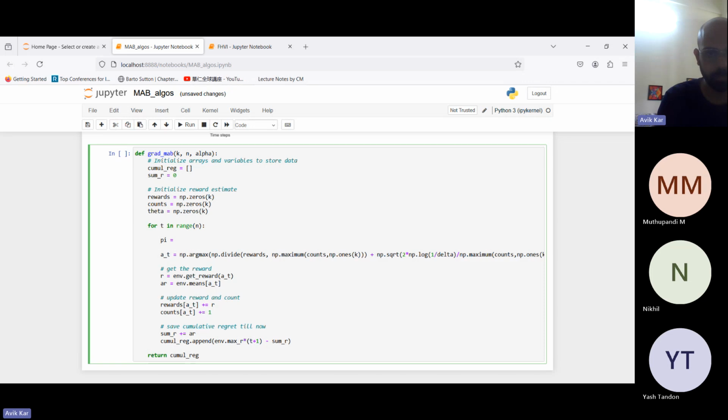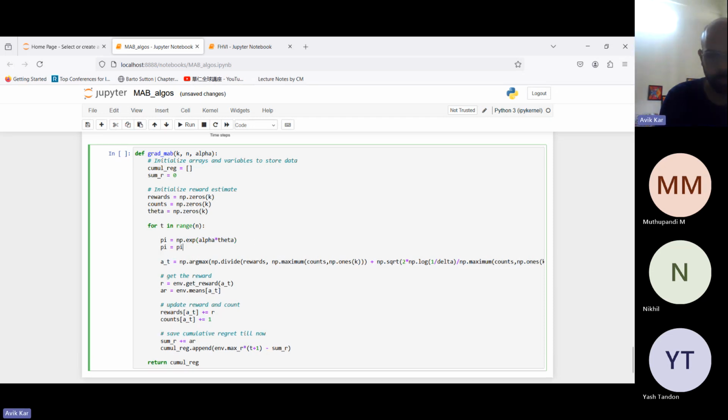Pi equals np.exp of theta, and then pi equals pi divided by the sum of pi.